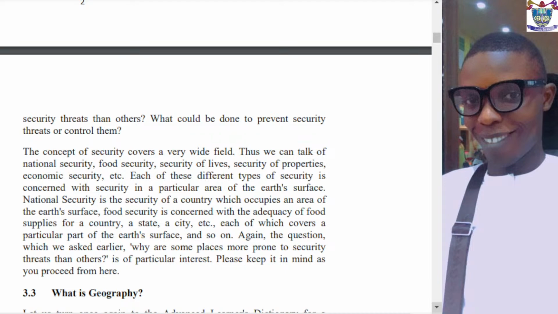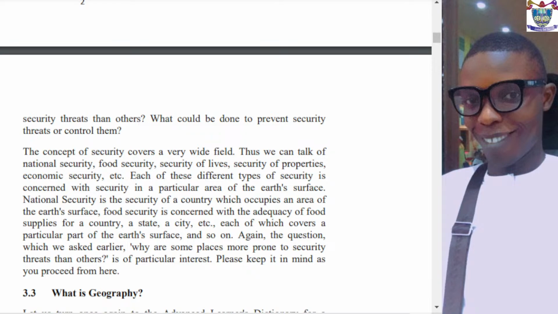The concept of security covers a wide field. Thus, we can talk of national security, food security, security of life, security of properties, economic security, etc. Each of the different types of security is concerned with security in a particular area of the Earth's surface.